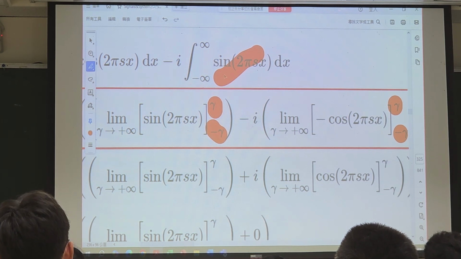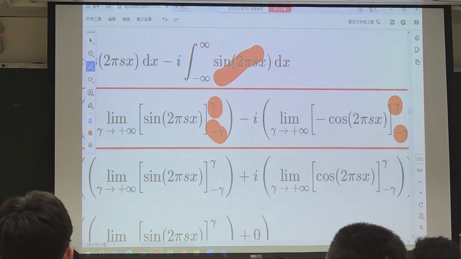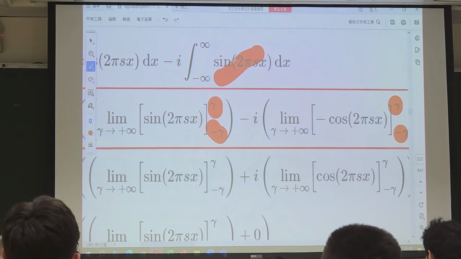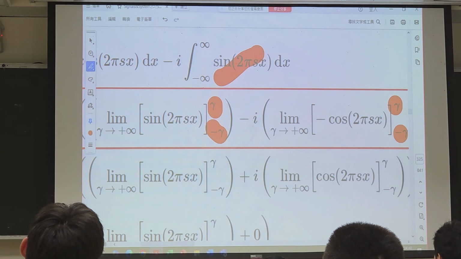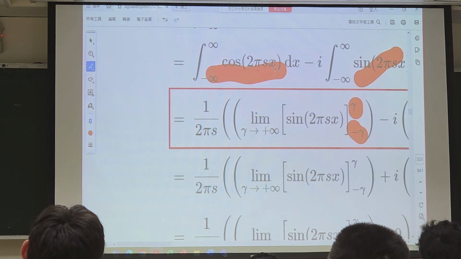So this second integral, the integral of sine function, is zero, because sine function is a skew symmetric function. So what's left is only the first term, the integral of this cosine function. Cosine function is symmetric.